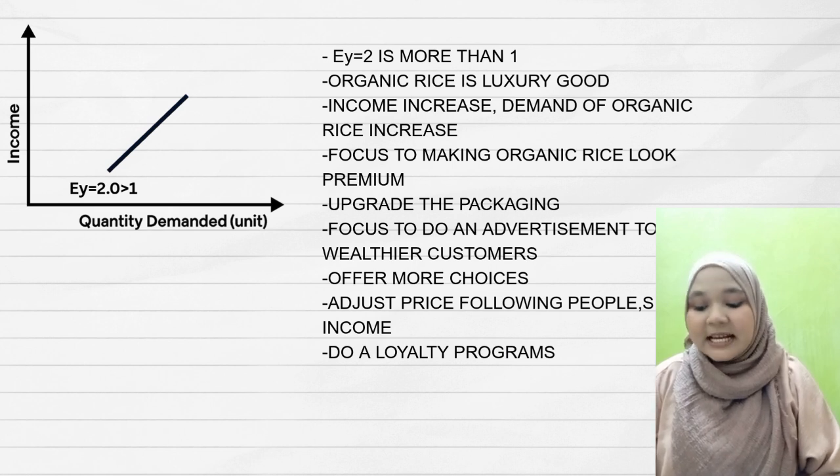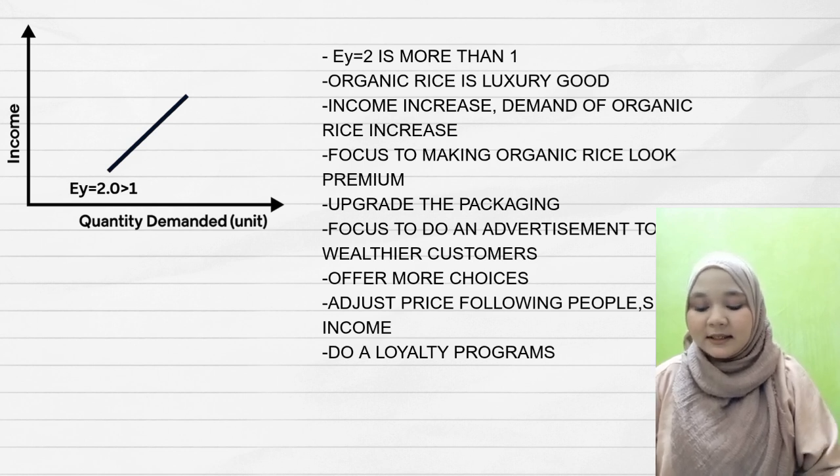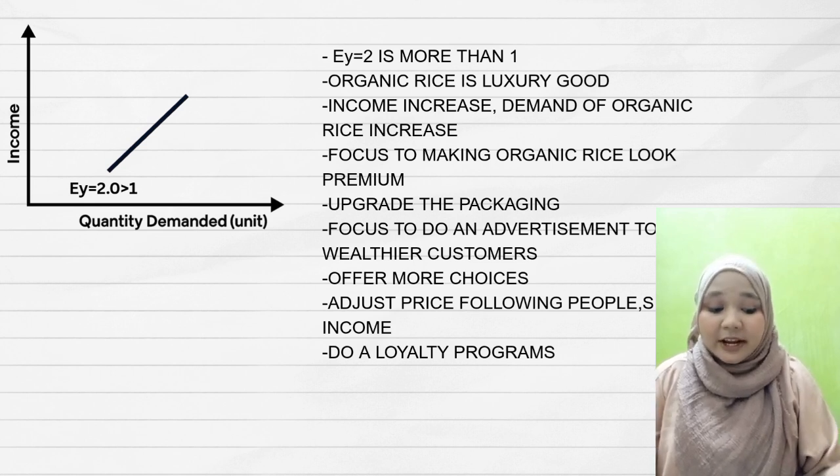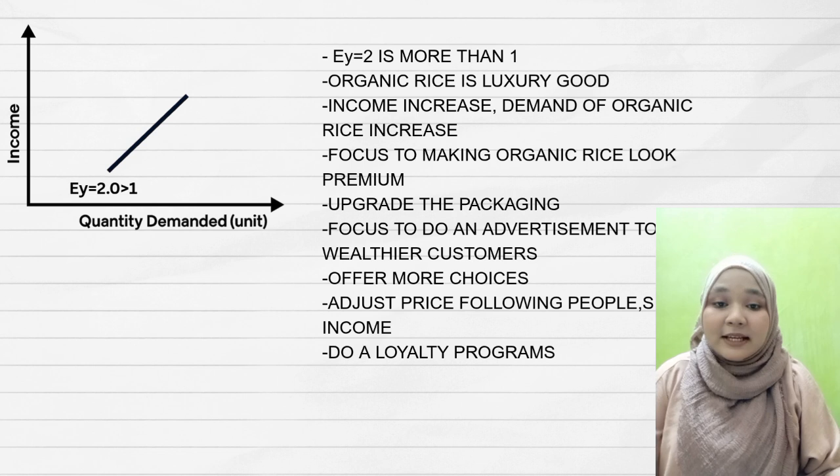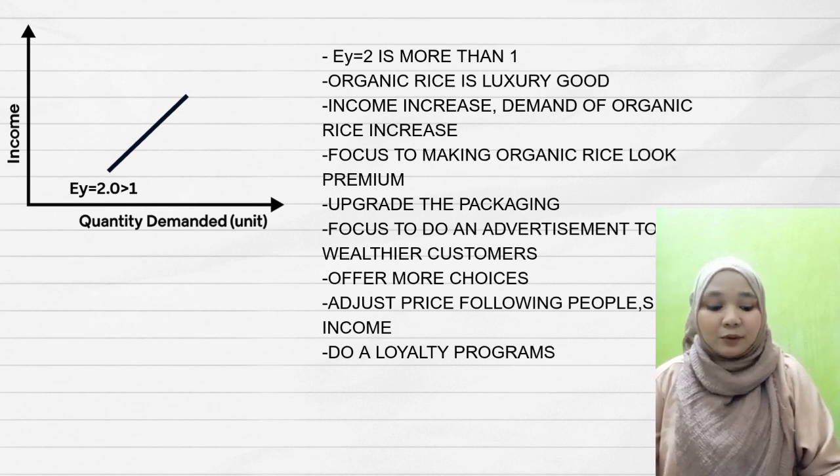In the future, if people's income goes down, fewer will buy organic rice. The store can adjust prices or give discounts to keep sales steady. They can also offer loyalty programs and discounts to reward regular customers.